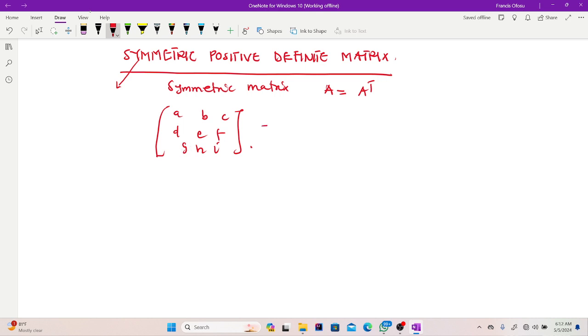So let's see an example of a symmetric matrix here. 2, negative 1, 0, negative 1, 2, negative 1, 0, negative 1, 2. Let's analyze this matrix.